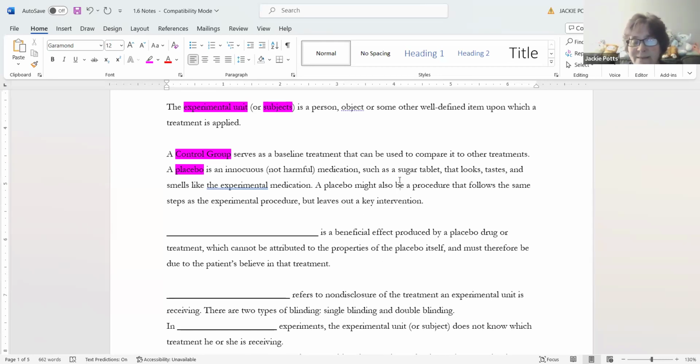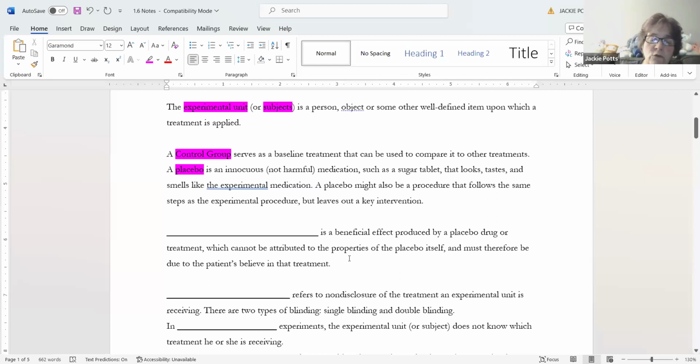Now, the brain is a wonderful thing, because some people think with the placebo that they're getting the real drug.